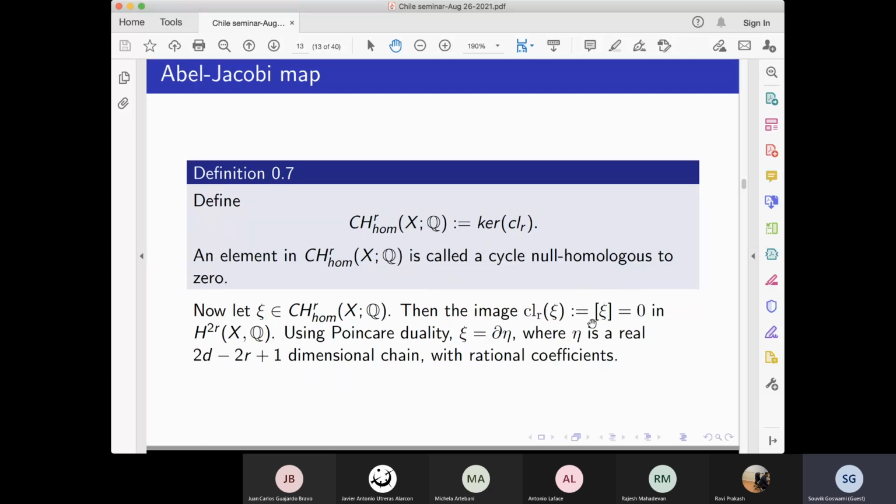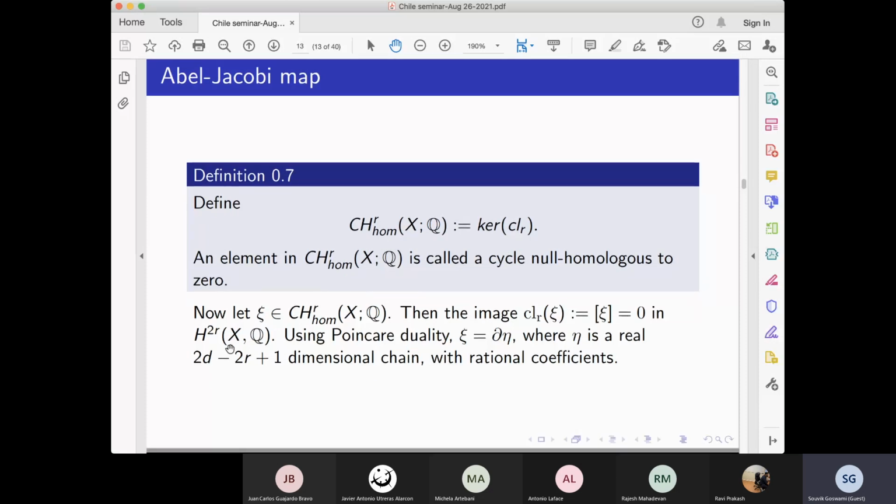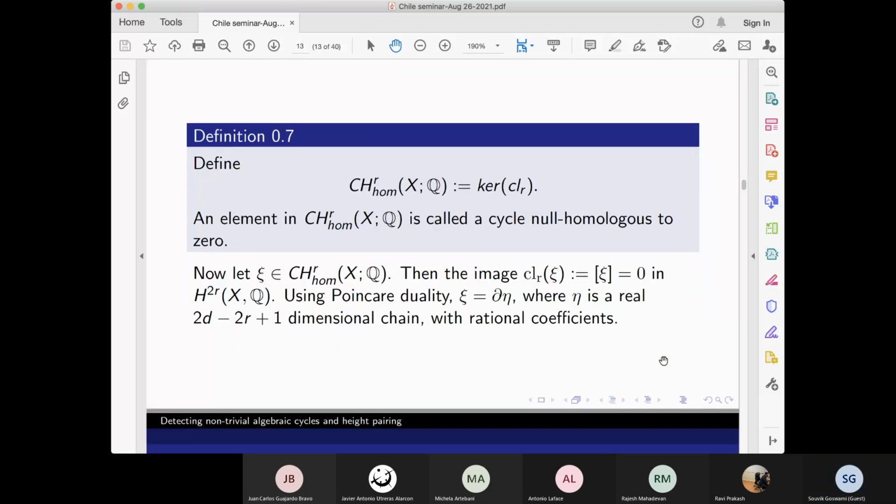Poincare duality in the sense that H^2R of X comma Q is isomorphic to the 2D minus 2Rth homology of X. Being 0 in the cohomology means 0 in the homology, so it's 0 at the level of 2D minus 2R. Then there is this chain eta, a 2D minus 2R plus 1 dimensional chain whose boundary gives you this chi. Just keep this in mind for the moment.